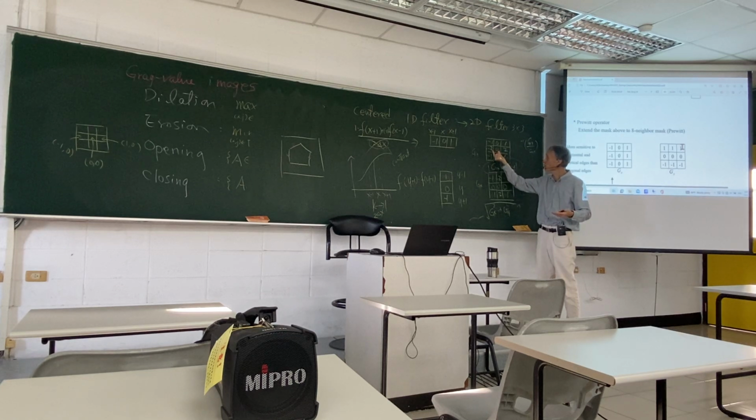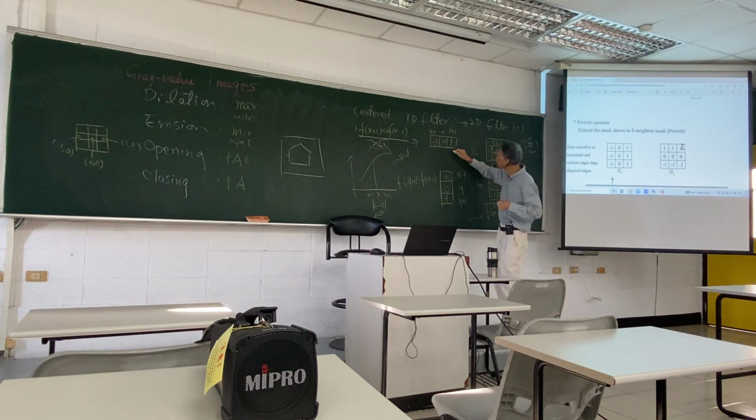Because in terms of distance, these 4 neighbors are much closer to the center. But for the 4 diagonals, take a look at the distance. The distance is 1 pixel, right? What about the distance here? 2.